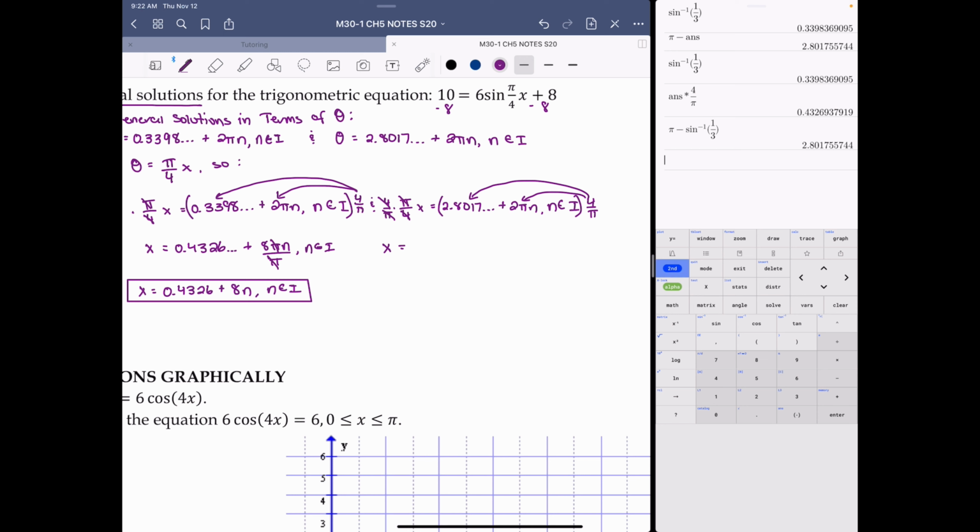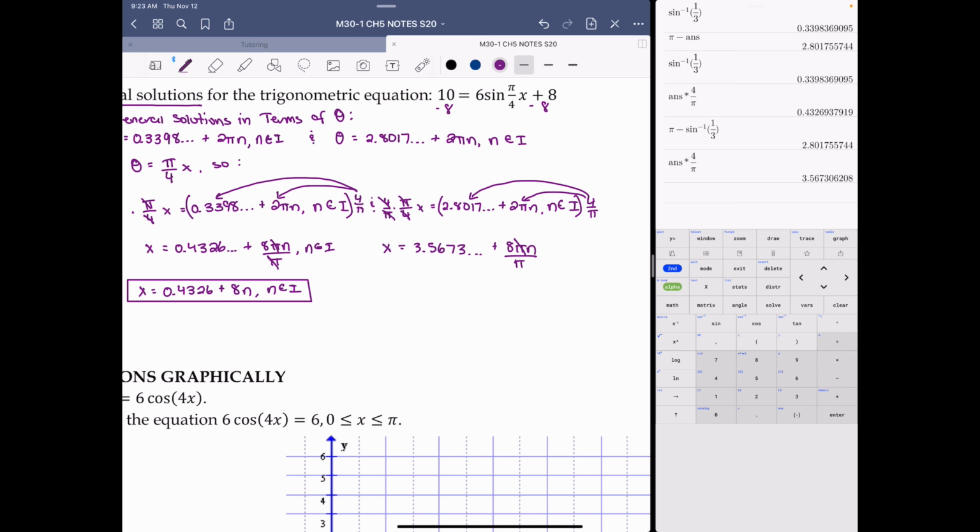We're taking that answer and multiplying it by 4 over pi to get 3.5673 ... And then 2 pi n times 4 over pi is 8 pi n over pi.